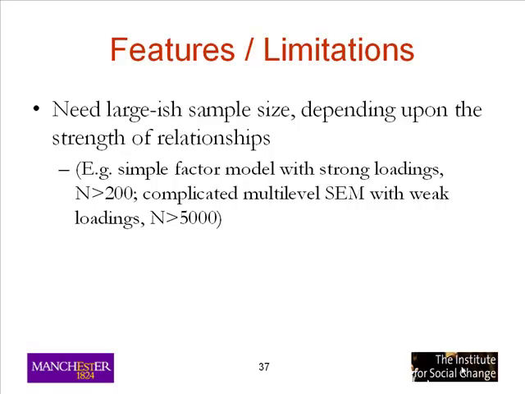It depends: if you've got strong intercorrelations between your variables, strong relationships, and a fairly simple model, then you can perhaps get away with a couple of hundred or even 100 people, and you'd be able to fit a fairly decent, or at least working, structural equation model. If you've got a very complicated model with perhaps fairly weak interrelationships between variables, then you're going to need lots and lots more data to get reliable estimates of some of the parameters in those models. So in general, it's a large sample technique.